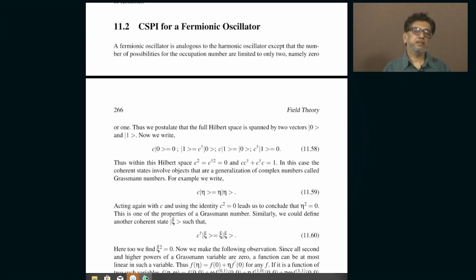Because there is a classical theory of a mass tied to a spring. This is the classical harmonic oscillator, because the quantum particles or the excitations of a mass tied to a spring manifest themselves as bosons, because A and A dagger have the commutative property, that is, the commutator of A and A dagger is 1. However, there are particles in nature that do not manifest themselves as bosons, they manifest themselves as fermions.